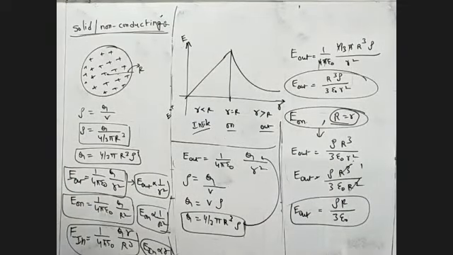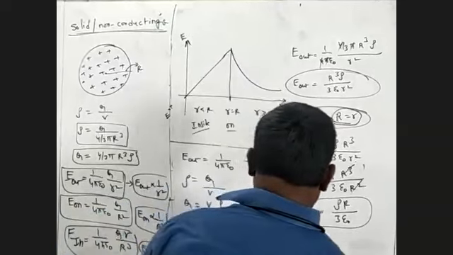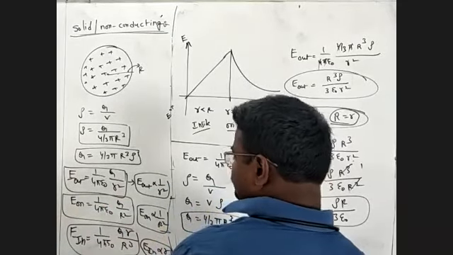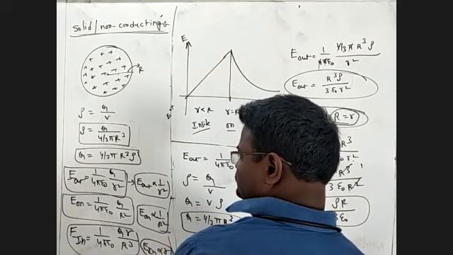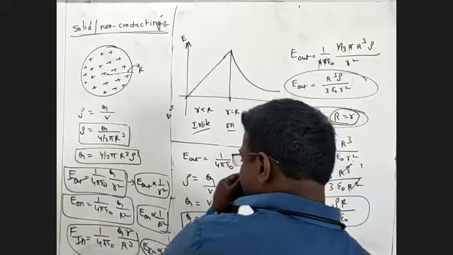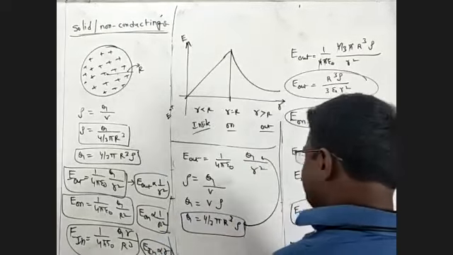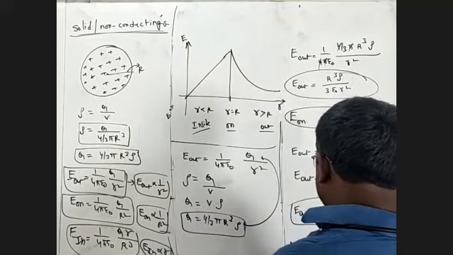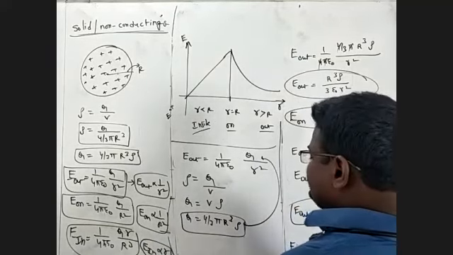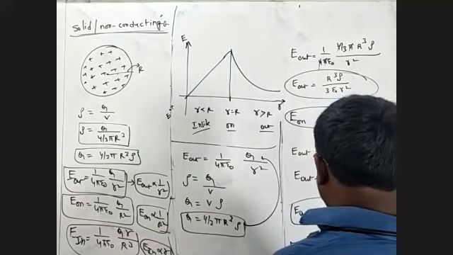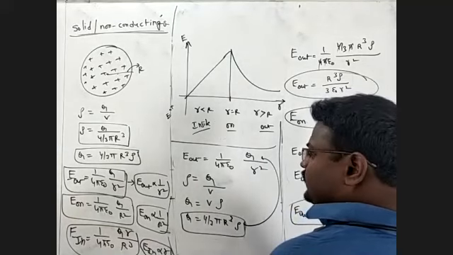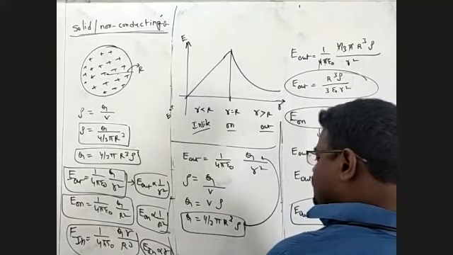Next, the E in value. E in is equal to 1 by 4 pi epsilon naught, with Q equal to 4 by 3 pi R cube rho, times small r by capital R cube.